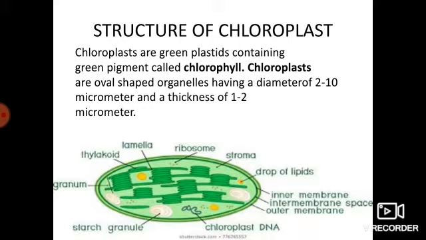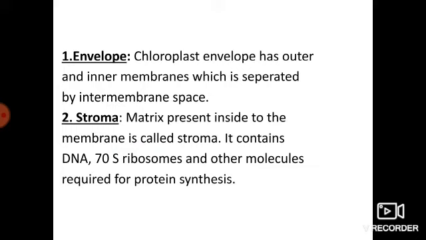Now we see the parts of chloroplast one by one. The first one is envelope. Chloroplast envelope has outer and inner membranes which are separated by intermembranal space. The second part is stroma.